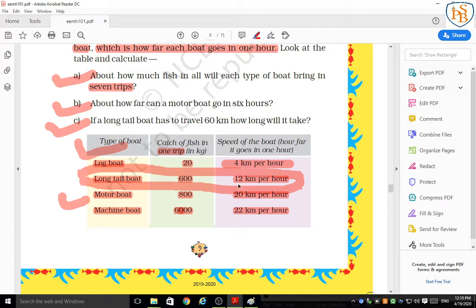Here the long tail boat travels 12 kilometer in 1 hour. Now they are asking, if it has to travel 60 kilometer, how long will it take?